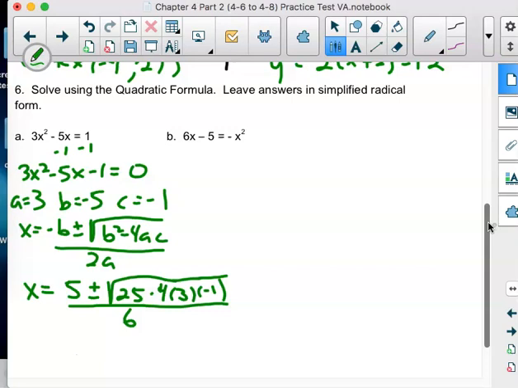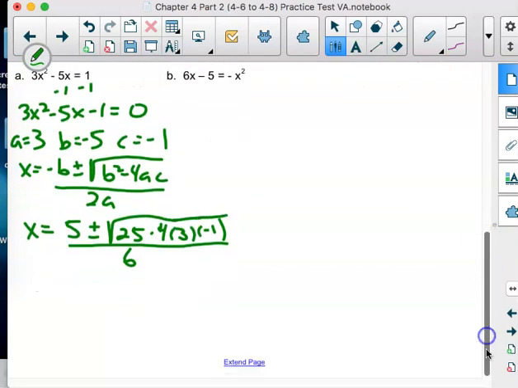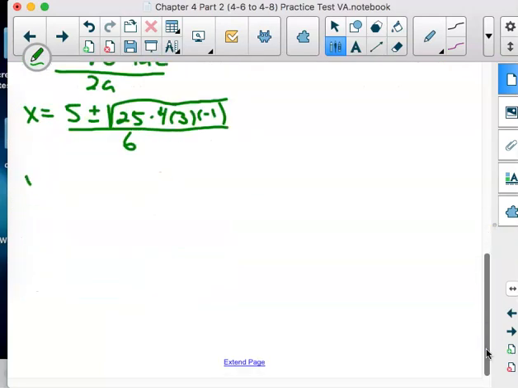Again, there's 3 little steps here we're doing in our head, but don't try to do all of this underneath the square root in your noggin, because that usually doesn't go well. There's just too much going on. So now, if you wanted to, you could grab a calculator to do what's underneath there, or you could do it in your noggin. Negative 4 times 3 is negative 12. Negative 12 times negative 1 is positive 12.